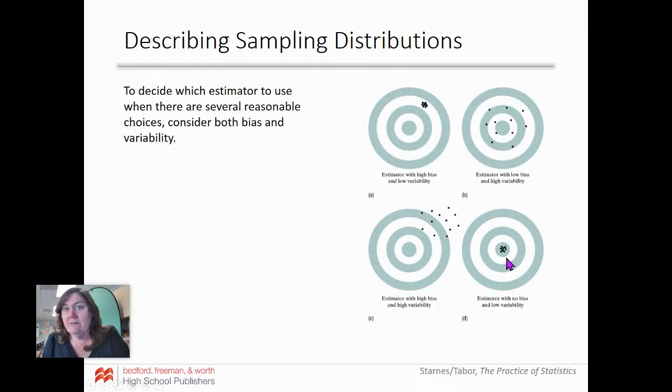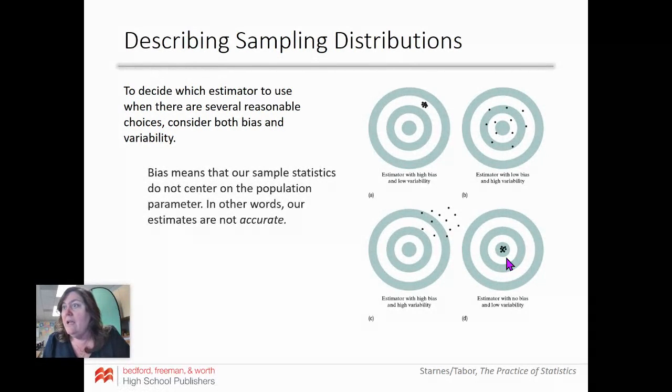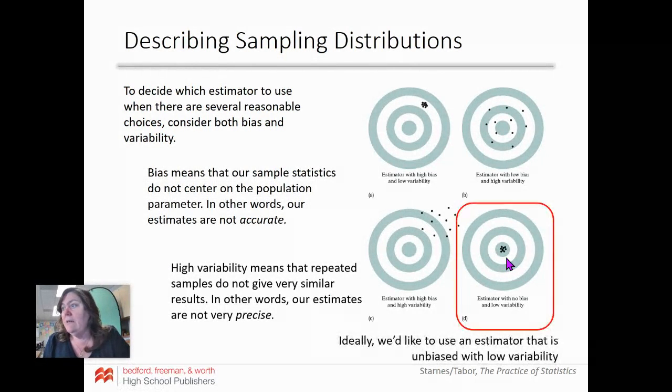This target right here, which I've put in red, is where we want to be, where we have low variability and no bias. This is how we want our estimators to be, because then we get on target and what we're saying about the population will be more likely true, more likely accurate.